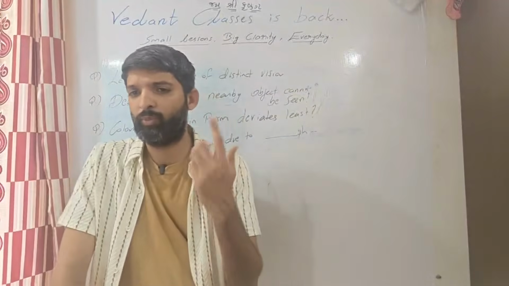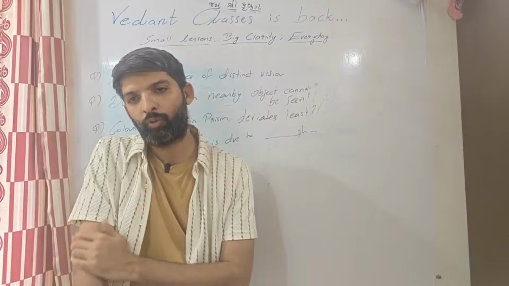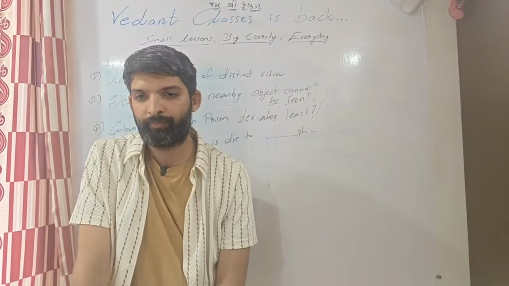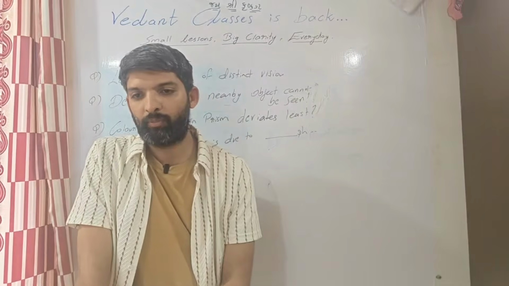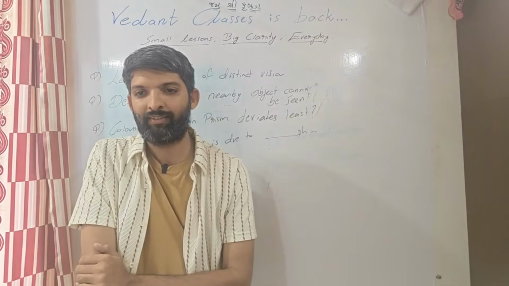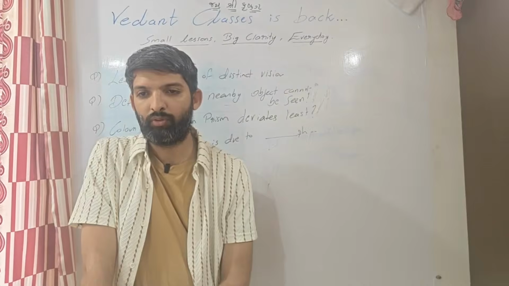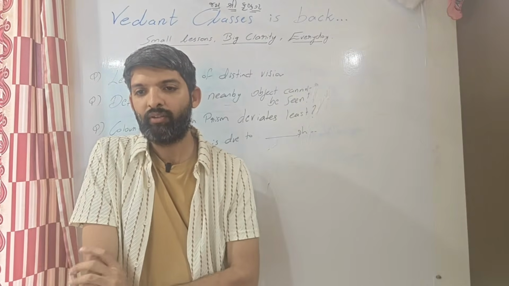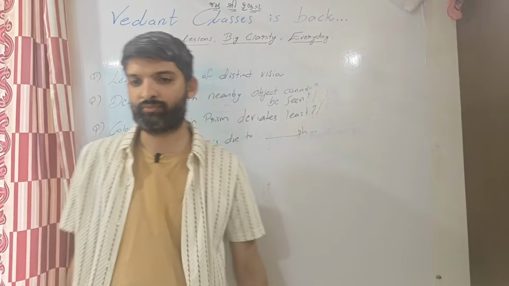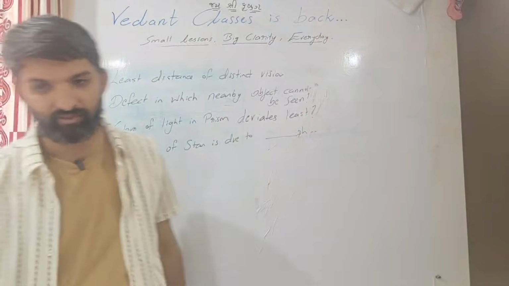Any one more phenomenon that you know. Can you tell any one? Sun is not a phenomenon. Rainbow, no. Advanced sunrise, all right. Rising of sun, sunset. Okay, apparent sunrise and sunset.